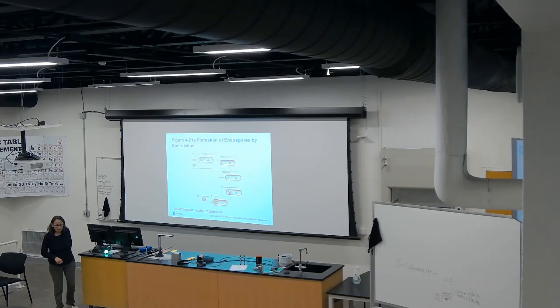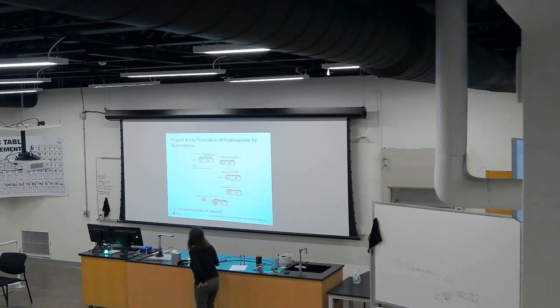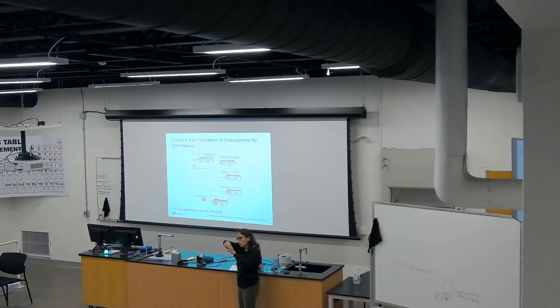Something I was thinking about now is the process of sporulation. You have your first plasma membrane, you have your second plasma membrane, and then you add a peptidoglycan layer in between.